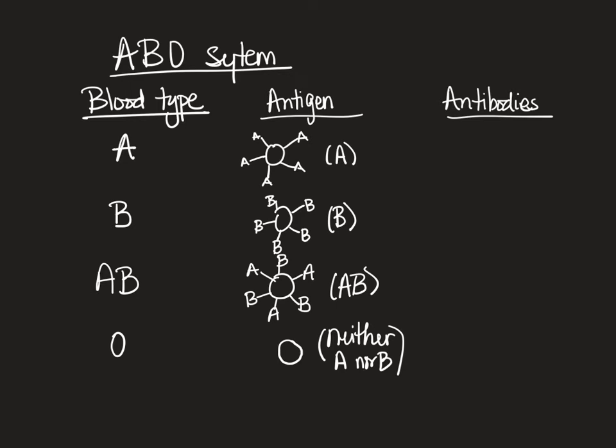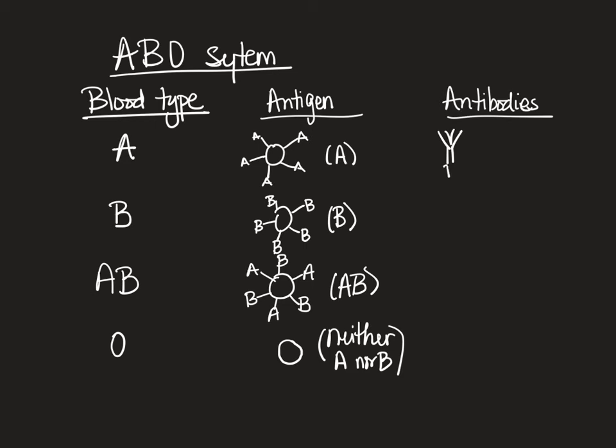So the people who are type A blood, they're type A blood because they have the A antigen on their red blood cell. But if their bodies made antibody A, that would result in clumping. So instead, what that person's body is going to do is it's going to make an antibody that is the opposite.